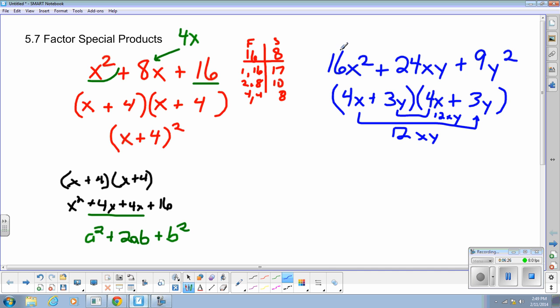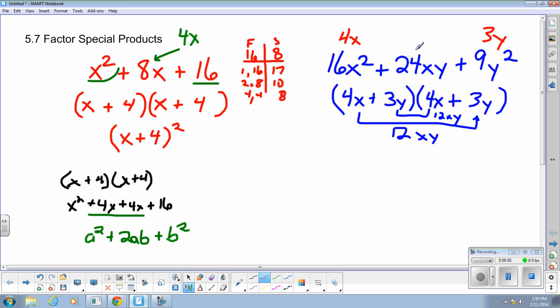I have a perfect square on the first term and a perfect square on the third term. For the middle term, the square root of the first term is 4x, the square root of the third term is 3y, multiply those together to get 12xy, and double that to get 24xy.